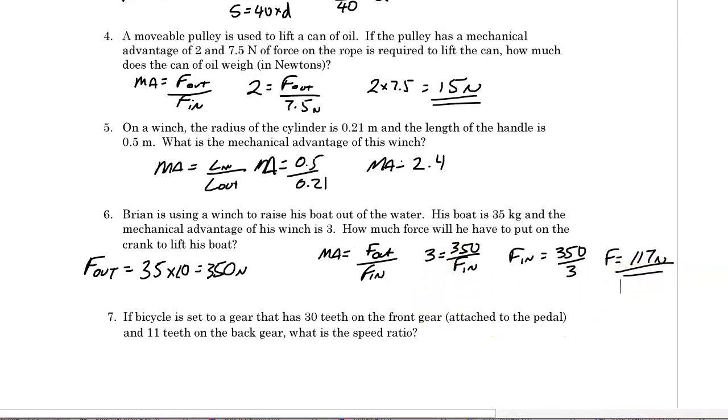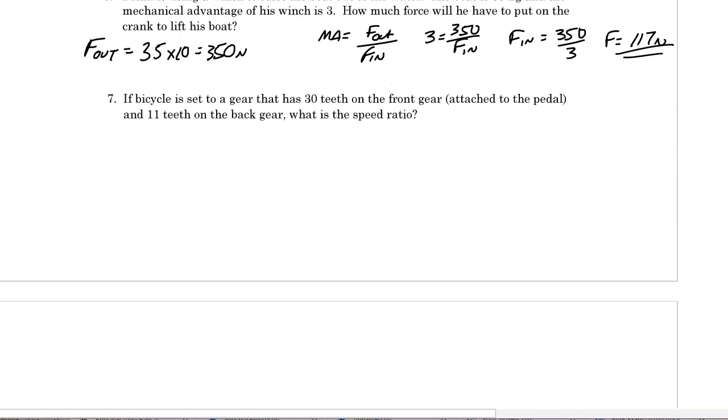Taking a look at number 7, the speed ratio is always the number of teeth on the driving gear divided by the following gear. And so in this case, you've got 30 teeth on the front gear, the driving gear, and 11 teeth on the back.